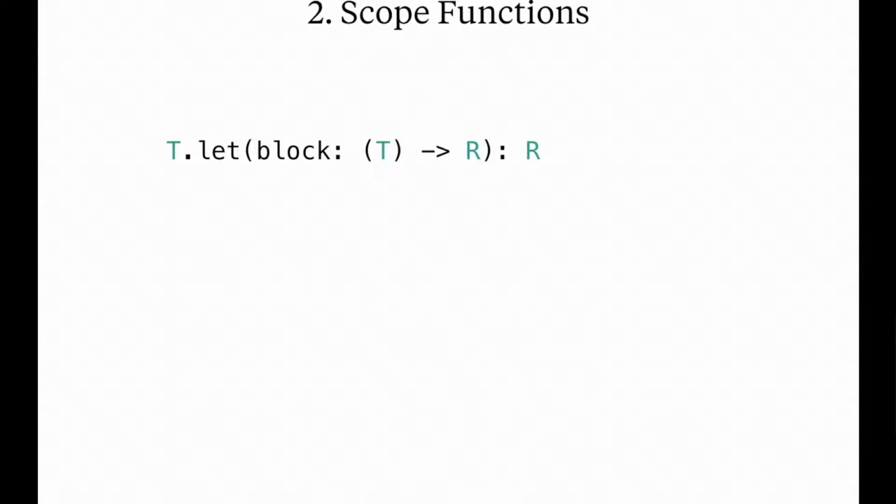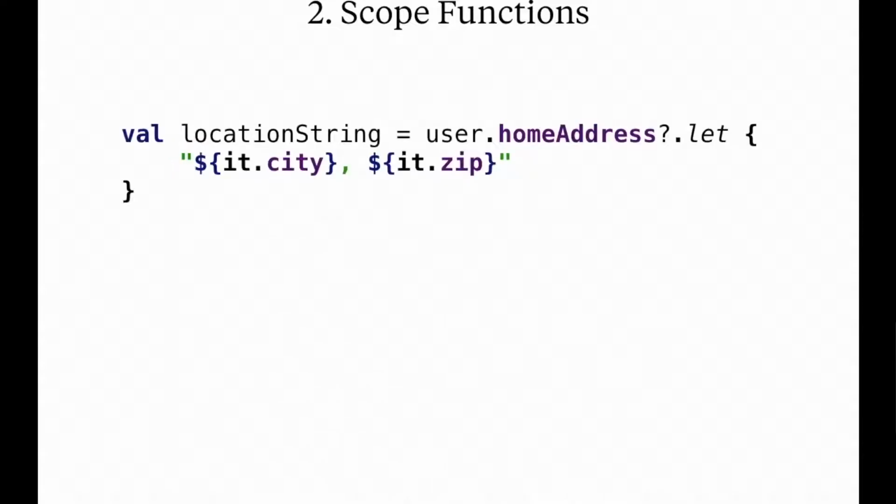So an example of that might be, I'm trying to get a location string, something for display. I have a user with an optional home address. Not every user has a listed address, so that could be null. And I'm saying, if they have a home address, my location string for display is the combination of their city and zip.